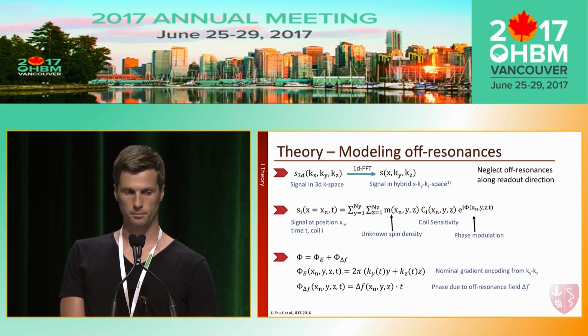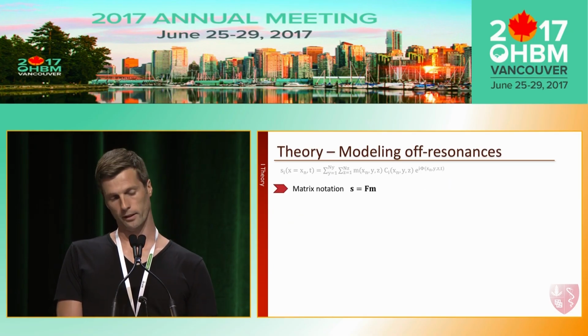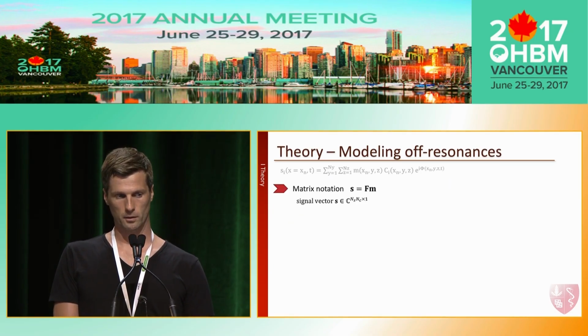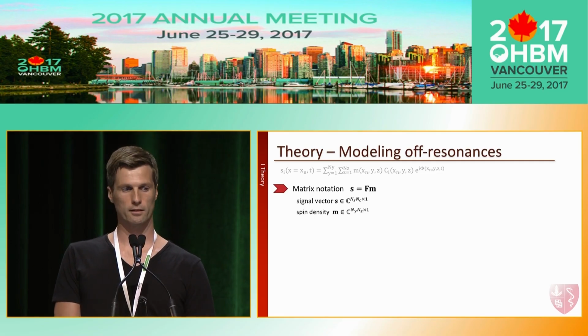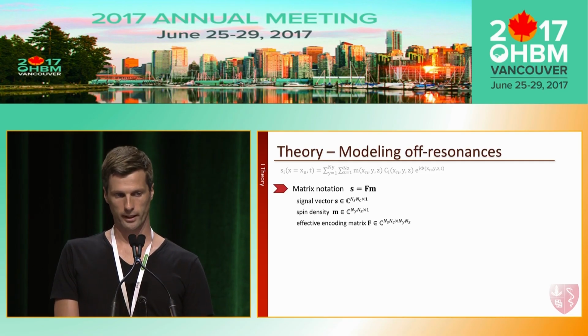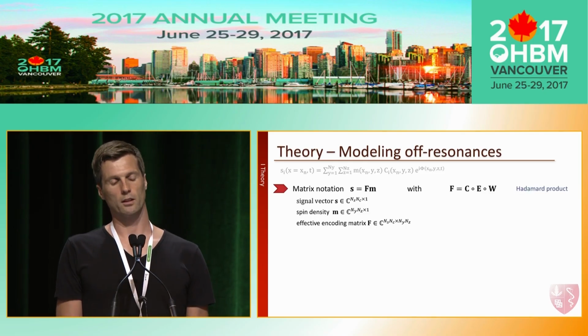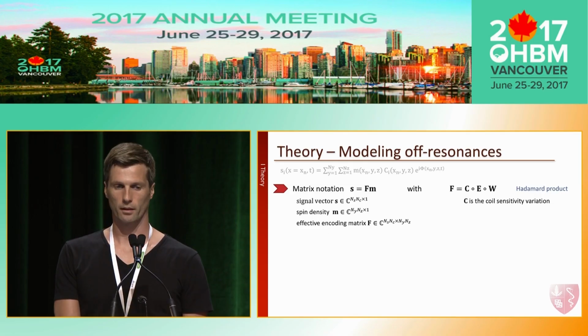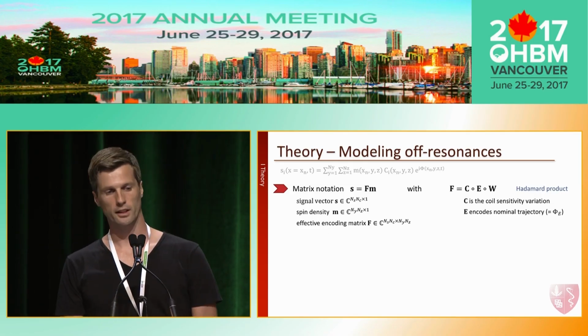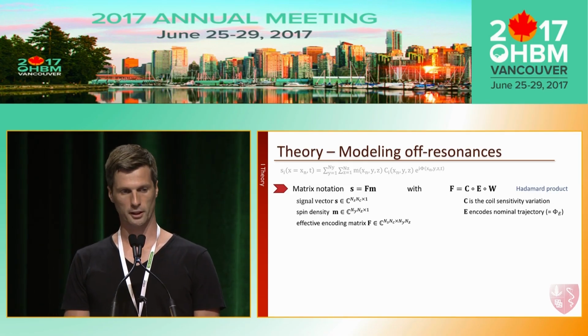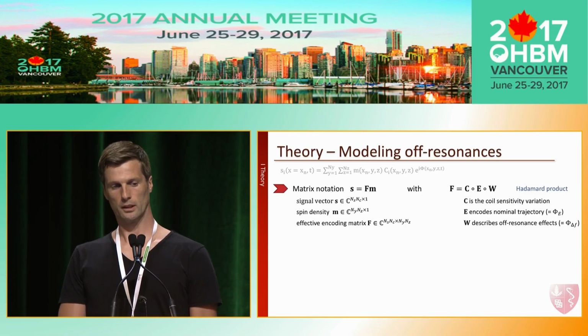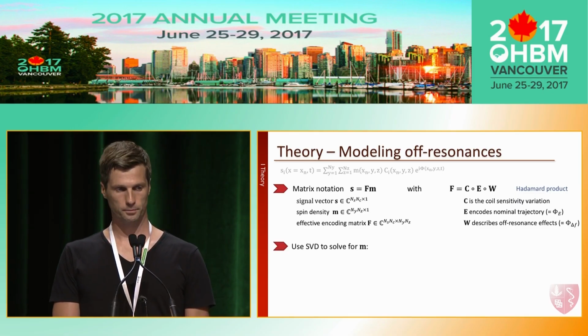to the off-resonance field. We then write everything in matrix notation with the signal vector S, the unknown spin density M, and F is the effective encoding matrix, which is the Hadamard product of individual contributions like coil sensitivity variation, E encodes the nominal trajectory, and W describes off-resonance effects.